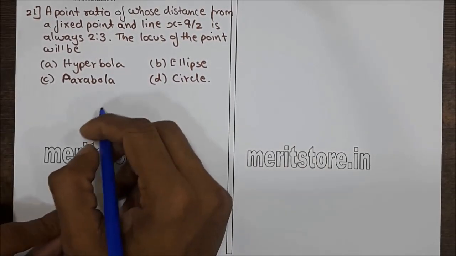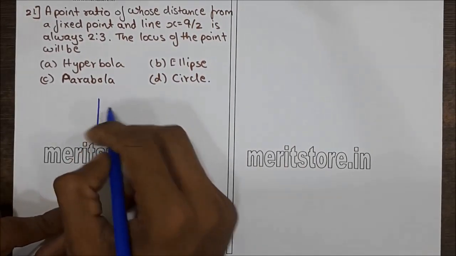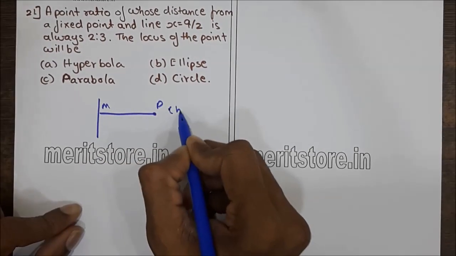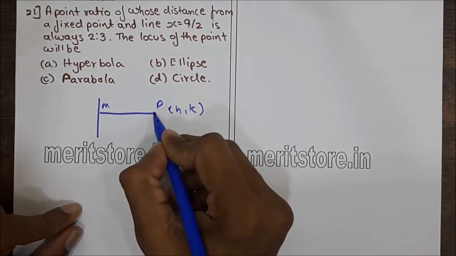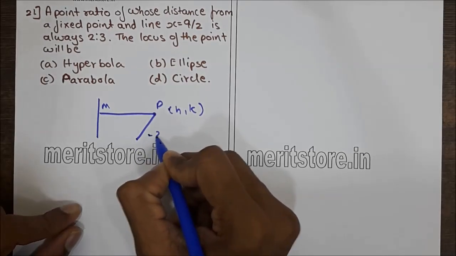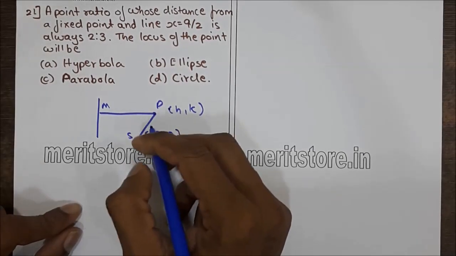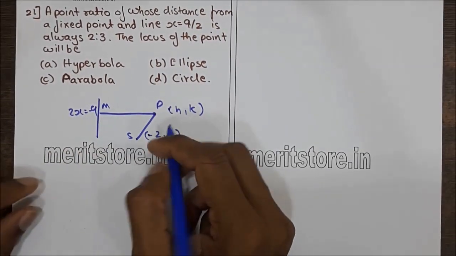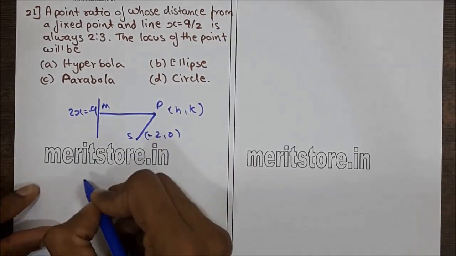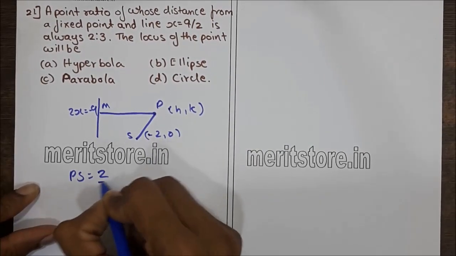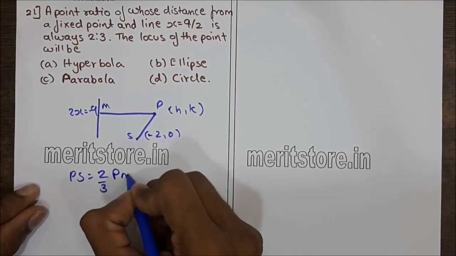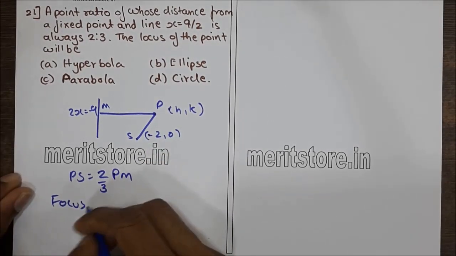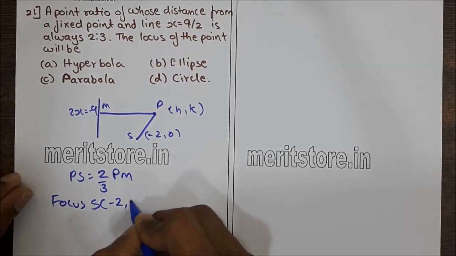We draw a line with a distance of P from M, at point (h, k) and S at (-2, 0), where M is on the line 2x = -9. So from the question we can say that PS = 2/3 PM, which is given, and the focus we have is S(-2, 0).